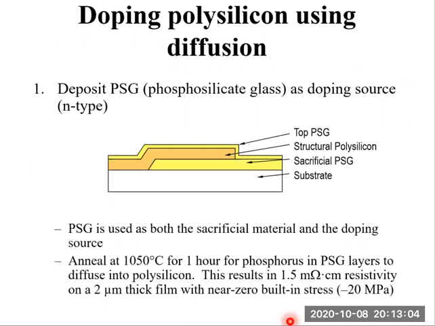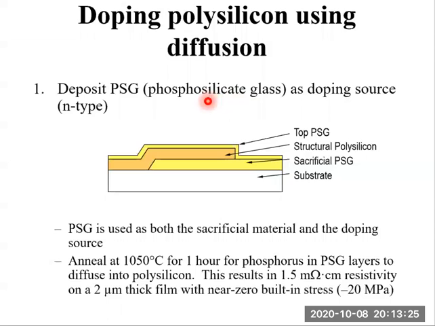Now let's take a look at a specific example of doping polysilicon using diffusion. In this example, we use a PSG. I know that PSG stands for phosphosilicate glass.